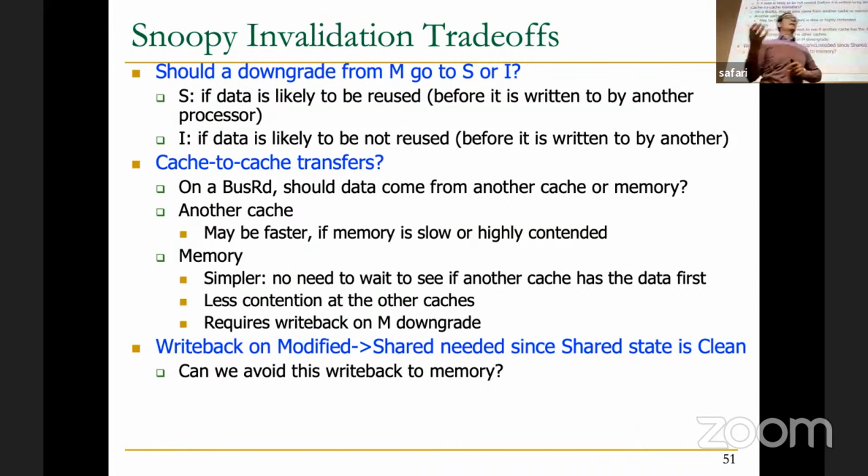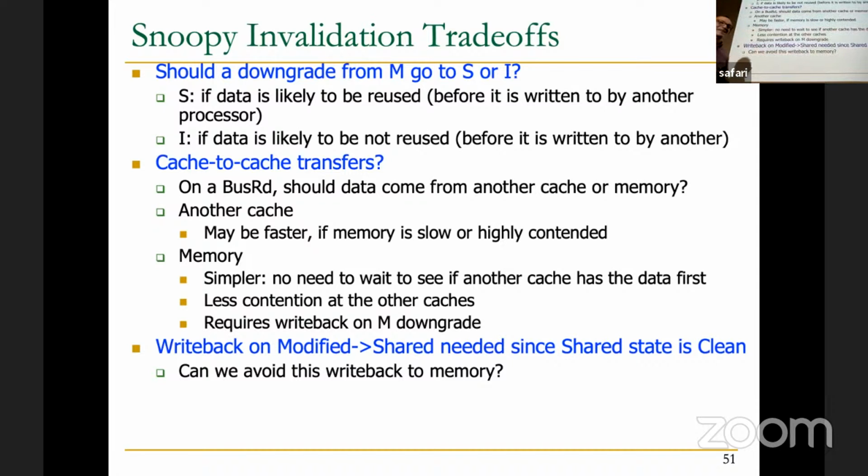So basically, that's the problem. You don't have another state that says the data is shared and modified, but memory is not up to date. Well, modified means that basically shared and modified state doesn't exist. Exclusive modified exists. Exclusive clean exists. Shared and clean exists, but shared and modified doesn't exist.